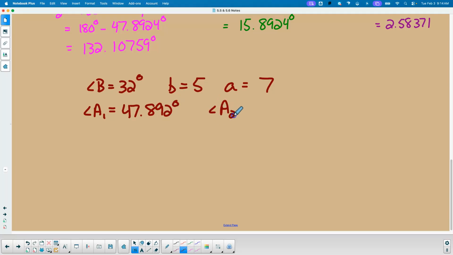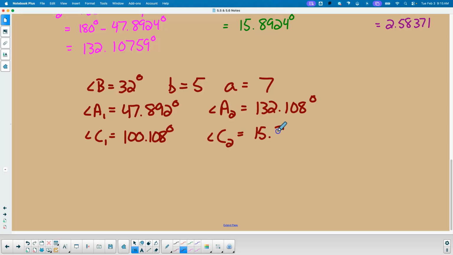Angle A sub 2 was 132.108 degrees. Angle C sub 1 was 100.108 degrees, and angle C sub 2 15.892 degrees. Side C sub 1 was, I'm going to scroll way back up, 9.289.